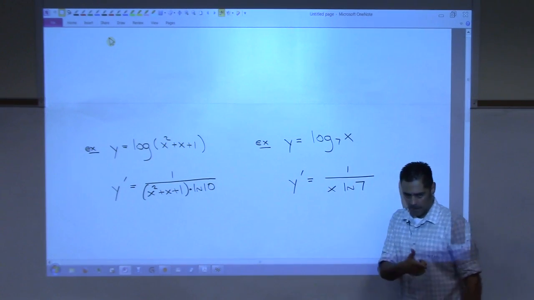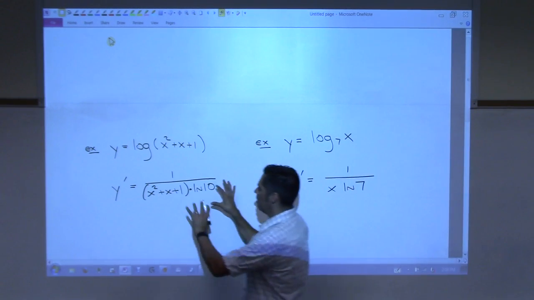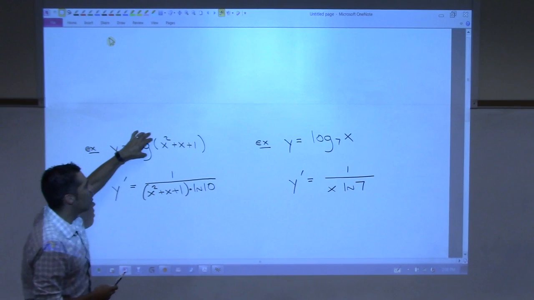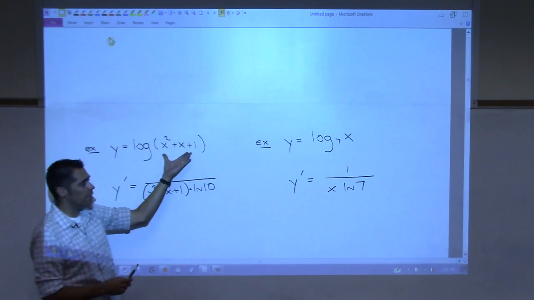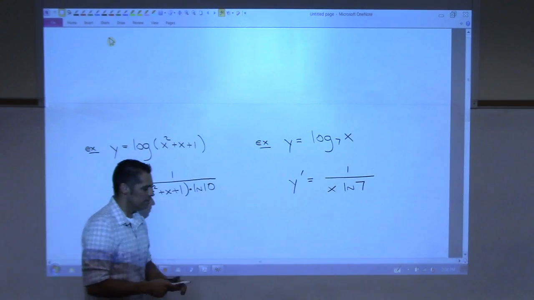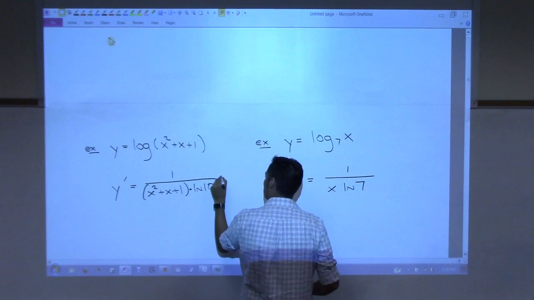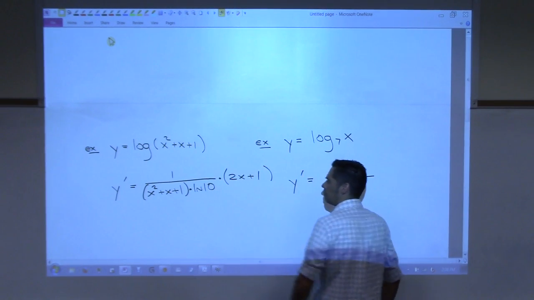Then you can have another parenthesis outside. Then I've got more to do, right? Because all this is the derivative of log of something. I still need to follow up with the derivative of what's in here. Chain rule. So out here, in parentheses, I have 2x plus 1.